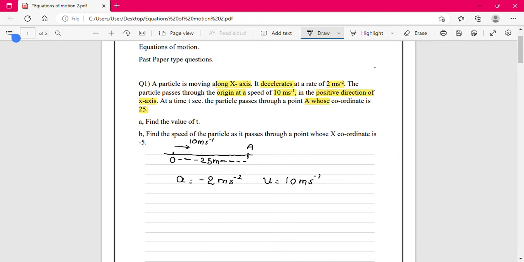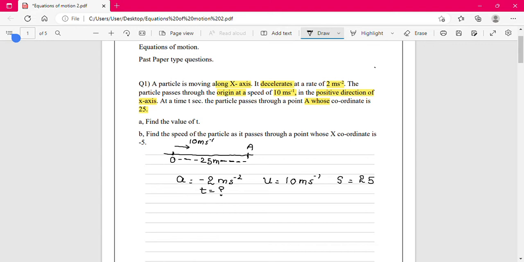That means this displacement OA is 25 given to you, and you want to find out the value of t. So t is equal to how much?